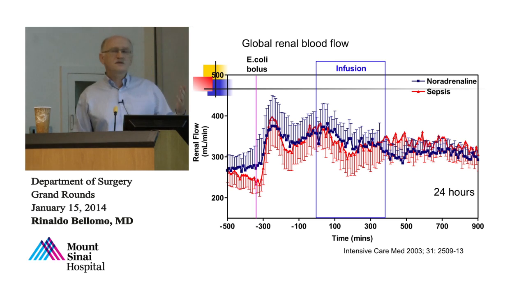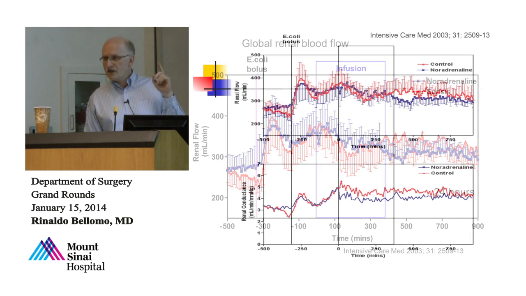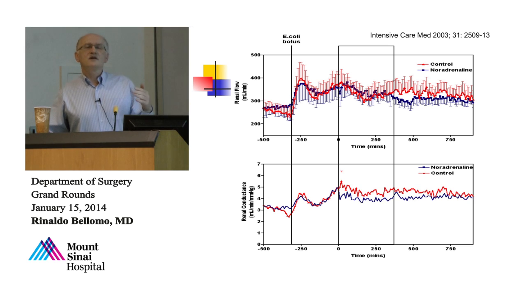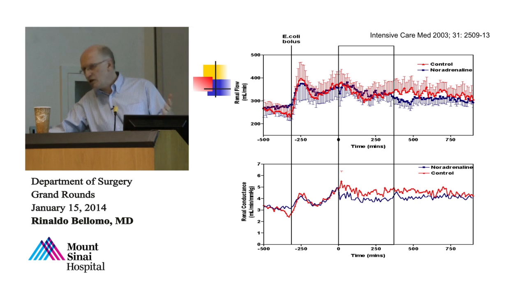So we have a very interesting situation where we are simulating sepsis and septic shock with a clinical phenotype in an awake animal that simulates what we see in human beings with severe sepsis. And when we have anuria, oliguria in the animals, that happens in the setting of hyperemia. And of course, if you've got a low blood pressure and your renal blood flow is increased, then there can only be one explanation.